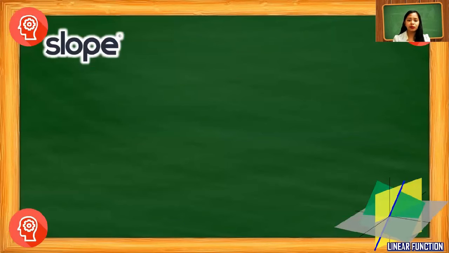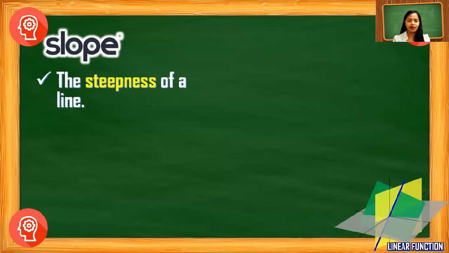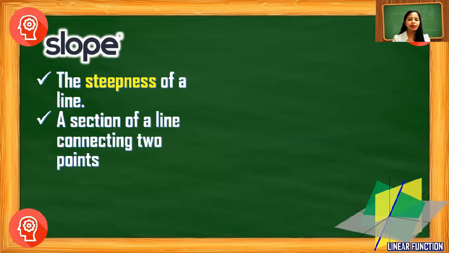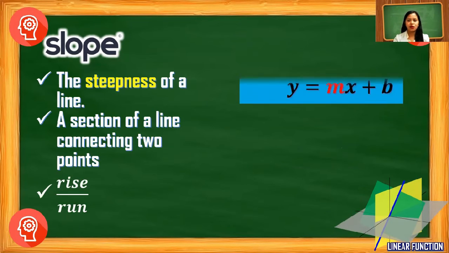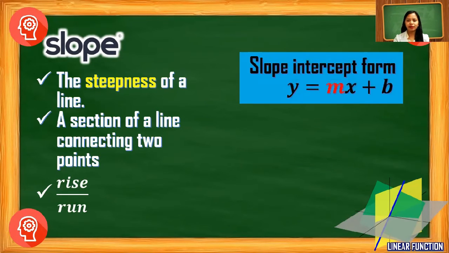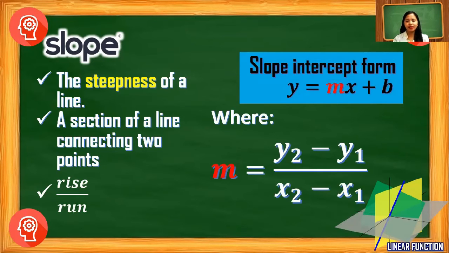To recall the slope, as I said a while ago, this is the steepness of a line, and this is a section of a line connecting 2 points. The formula of slope is just rise over run. Always remember the slope-intercept form, y is equal to mx plus b, where m is the slope and can be identified using this formula we tackled in junior high school.